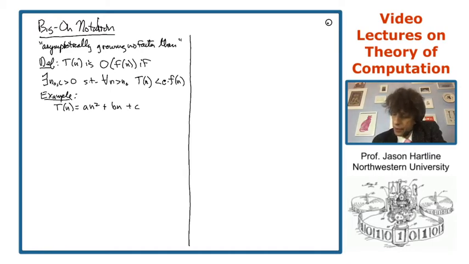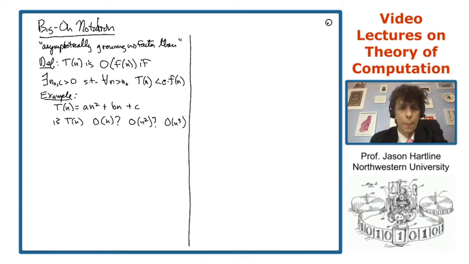Then we might wonder, is t of n order n? Is it order n squared? Is it order n cubed? And again, this should be a review for many of you.